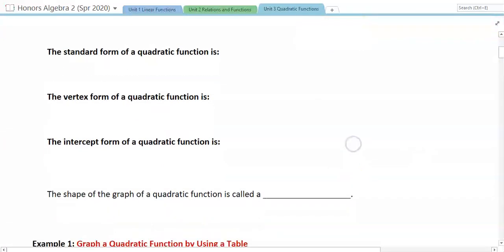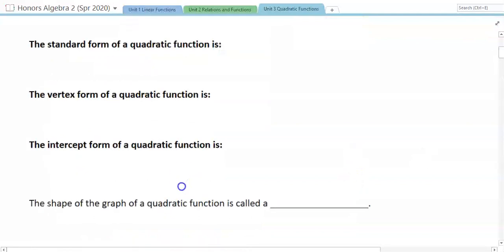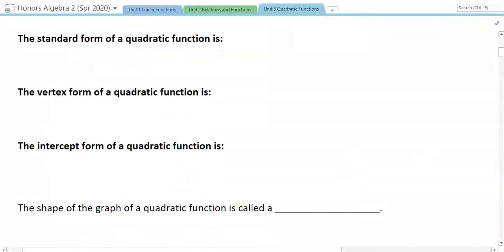So let's take a look at some things that we should remember from Algebra 1. And so we start off with the standard form of a quadratic function. Remember that the standard form is all three powers, going from quadratic to the linear term to the constant term, in order as we go: y equals ax squared plus bx plus c.